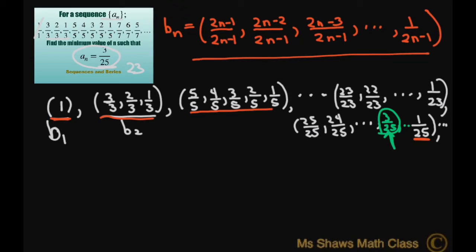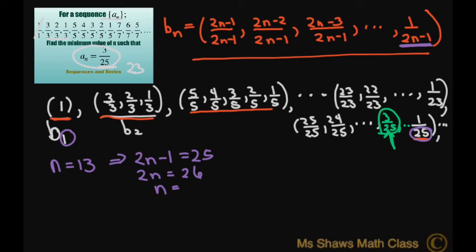So let's find the number of terms. Our number of terms is going to equal 13. You can either look at your 25 and 1 and use your arithmetic sequence formula, or we can just use what we already have and set 2n minus 1 equals 25. So 2n equals 26, so n equals 13.